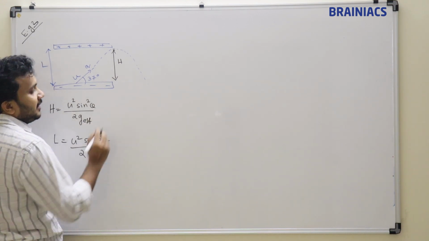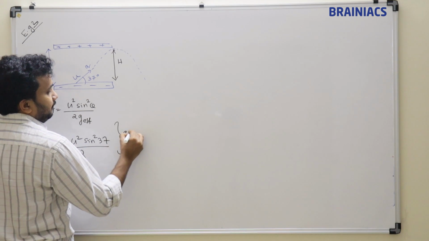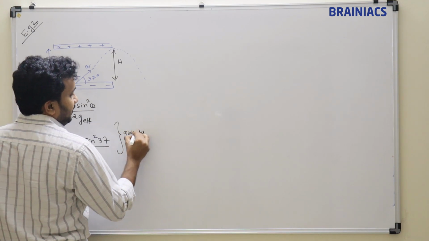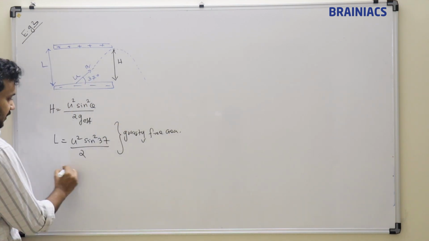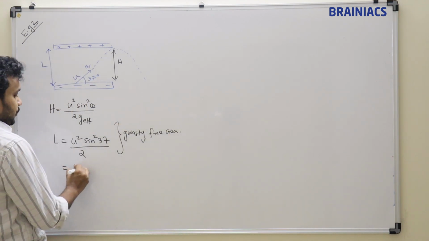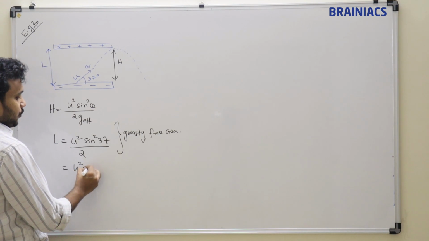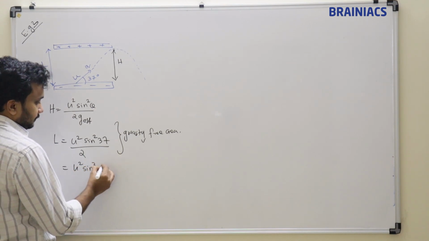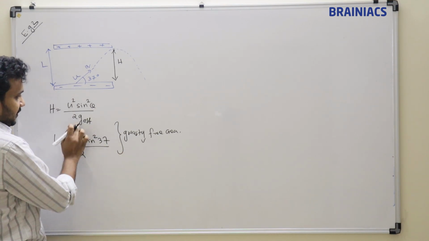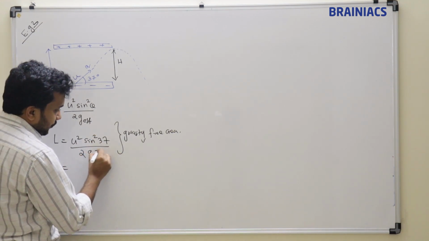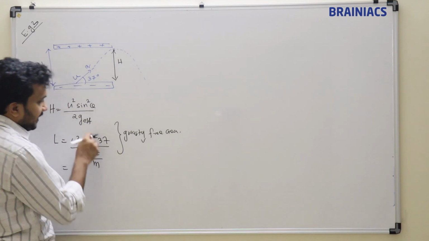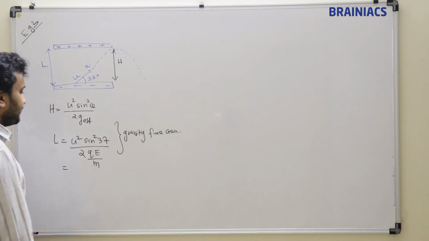So I am assuming a gravity-free area. What will come? We have to find u square, sine square 37. In these steps we have not written g effective. What is acceleration? qE by m. Force divided by mass, F by m, is called acceleration.